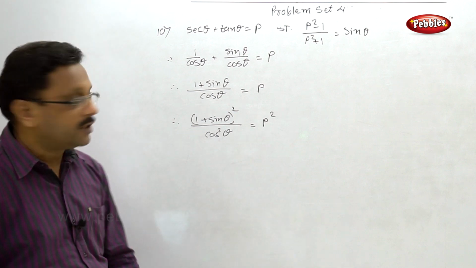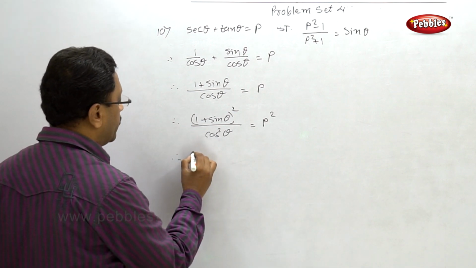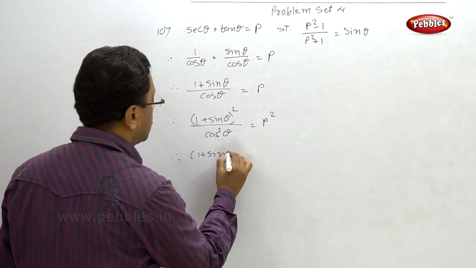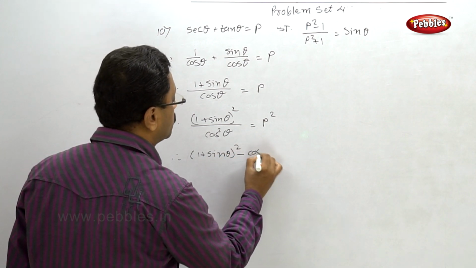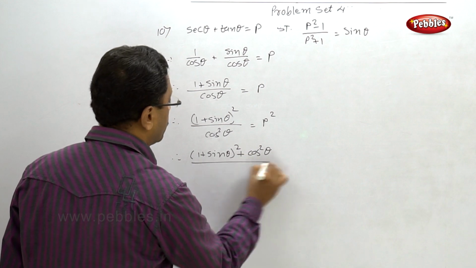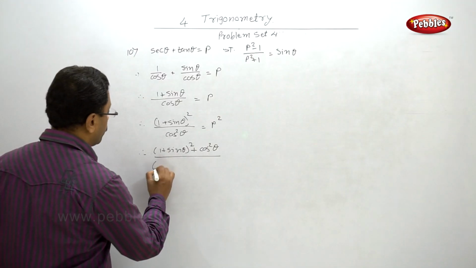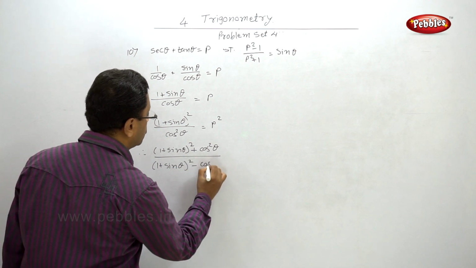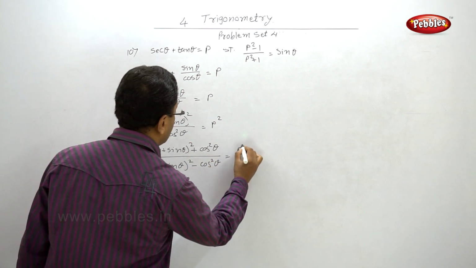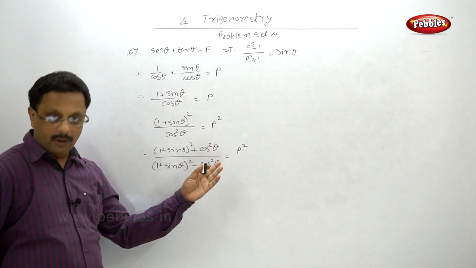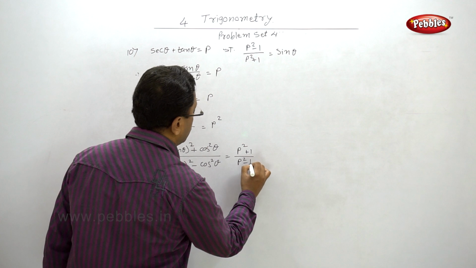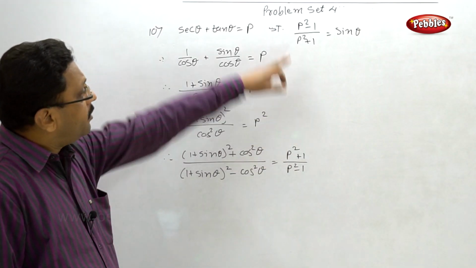So here I am using the same rule, componendo dividendo: 1 plus sine theta whole square minus cos square plus cos square theta upon 1 plus sine theta whole square minus cos square theta is equal to, now P square means P square upon 1, so I will have P square plus 1 upon P square minus 1. But what do we want there?